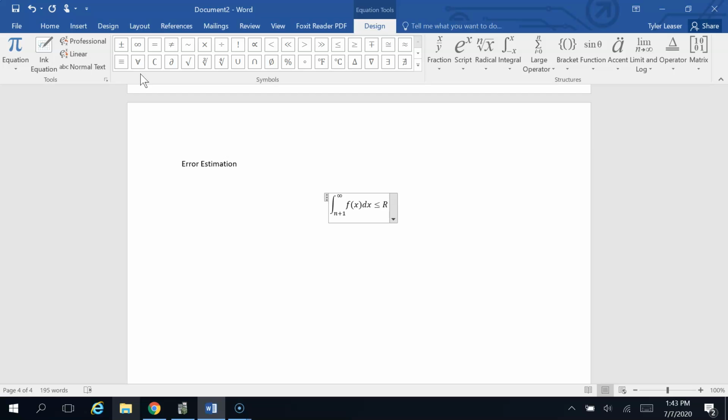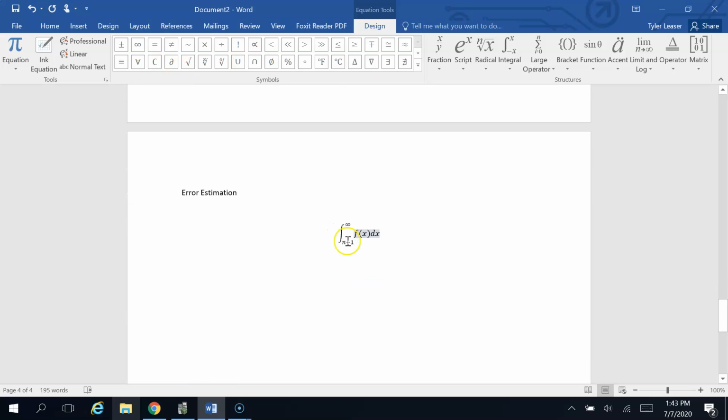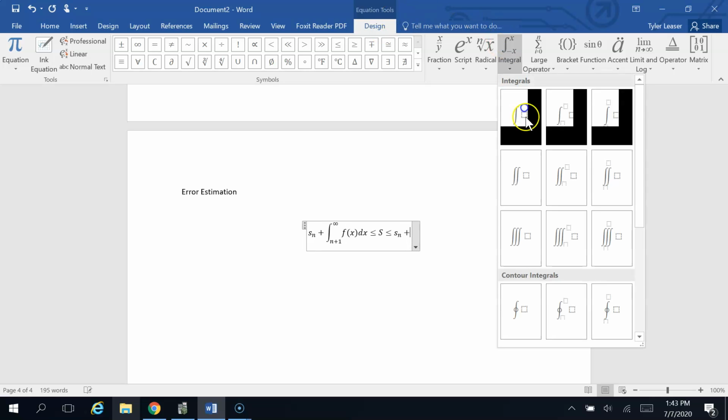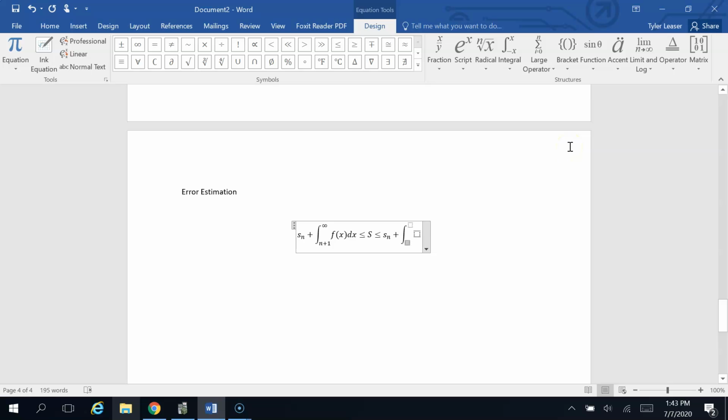Let me see. I'm going to rewrite this a little bit. I'm just going to add something to the front of it. I'm going to add the partial sum. The partial sum plus this integral is going to be less than or equal to the actual sum, which is less than or equal to the partial sum plus the integral from just n to infinity.